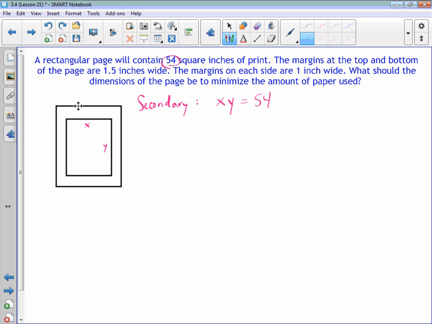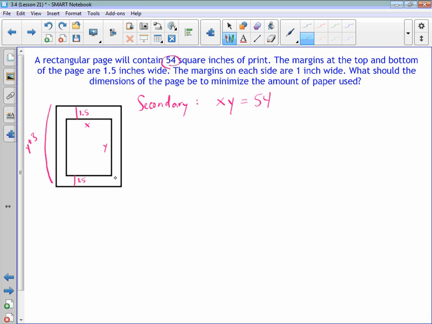Now, what do I know about the length from here to here? 1.5. And the length from here to here is 1.5. So what would be this entire length here? y plus 3.